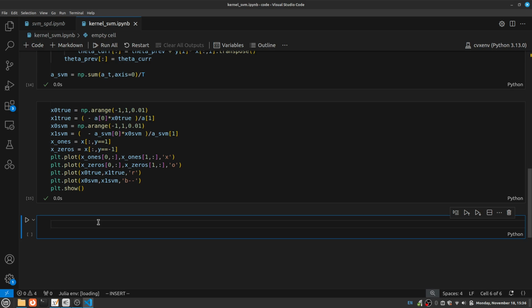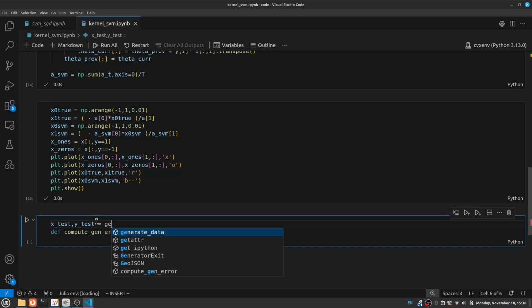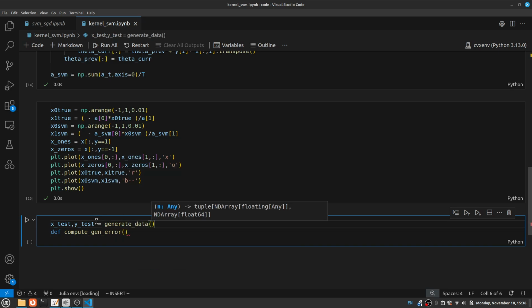Now I can try to compute the generalization error. I can generate a test data set. Let's say I have 1,000 or 2,000 test points.